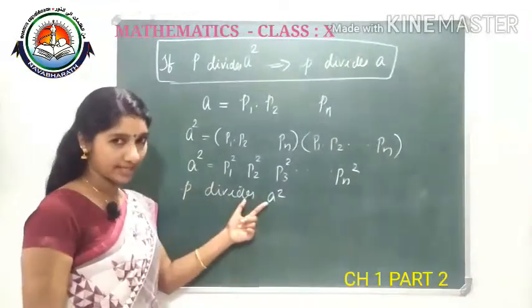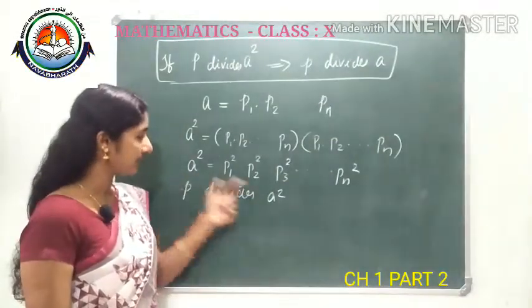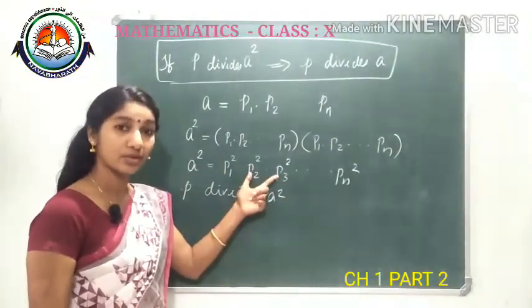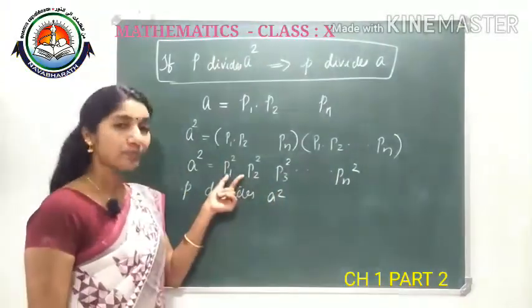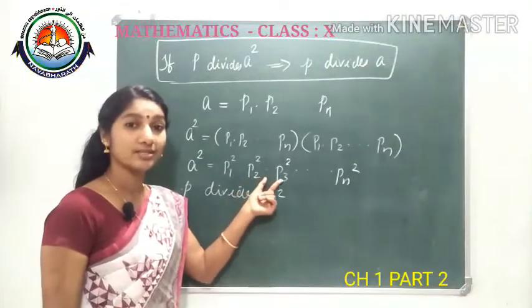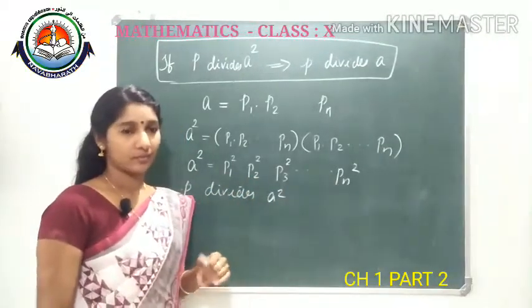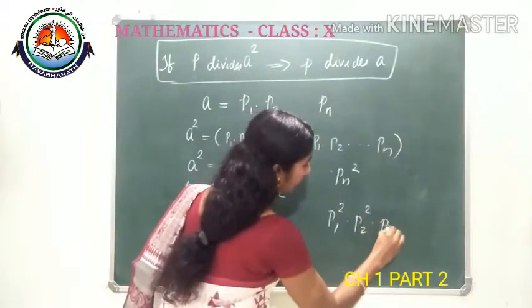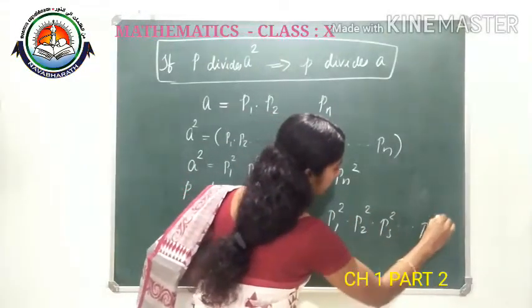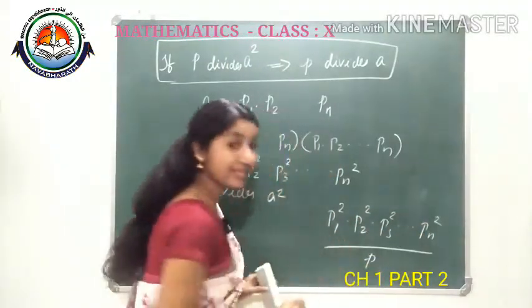If p divides a square, a square is p1 square into p2 square into etc. pn square. So we can write p divides p1 square into p2 square into etc. pn square. That means p1 square into p2 square into p3 square into etc. pn square divided by p is possible.